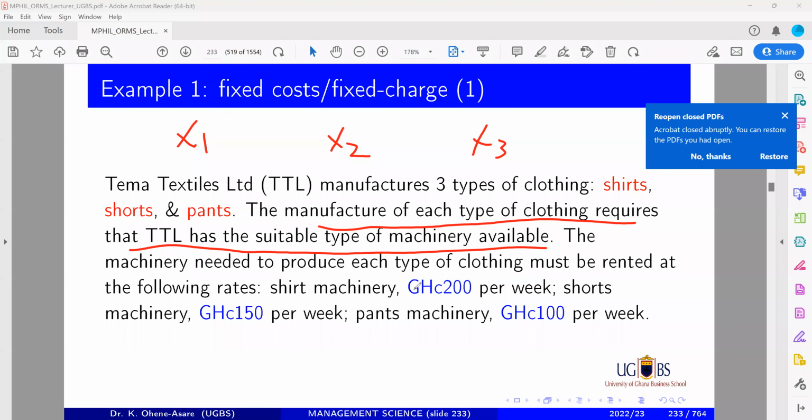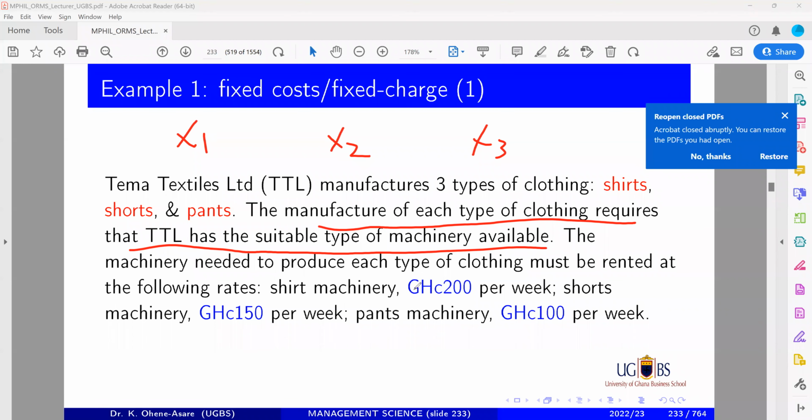That's why that one is dealing with number. But with the machinery, you got to decide whether you want it. Why? Because if you don't decide whether you want a pant machinery, you're not going to produce pants. I don't want any pant machinery. All right. Then you cannot even produce any quantity of pants that you intended to.